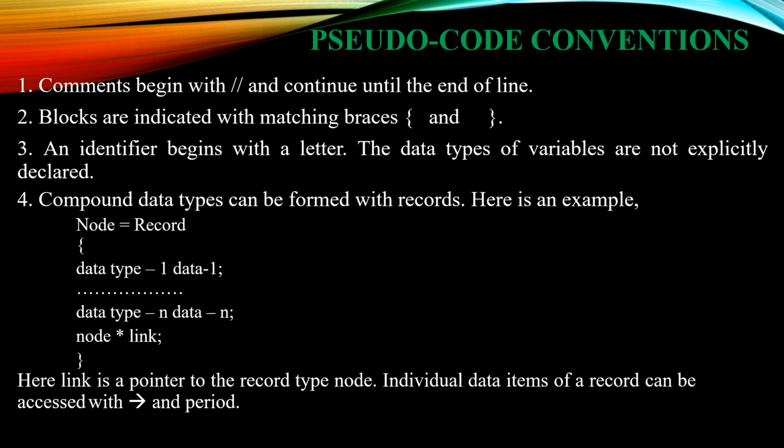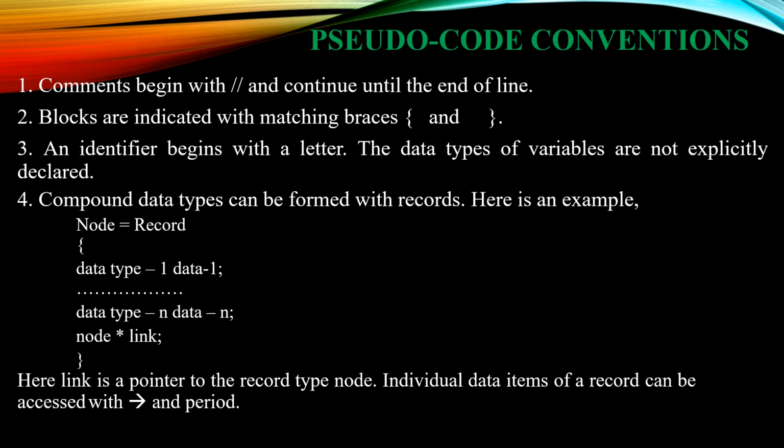The fourth convention is that compound data types can be formed with records. Here is an example: node equals record, opening flower bracket, data type 1, data type 2, up to data type n, and the node has a pointer variable star link.